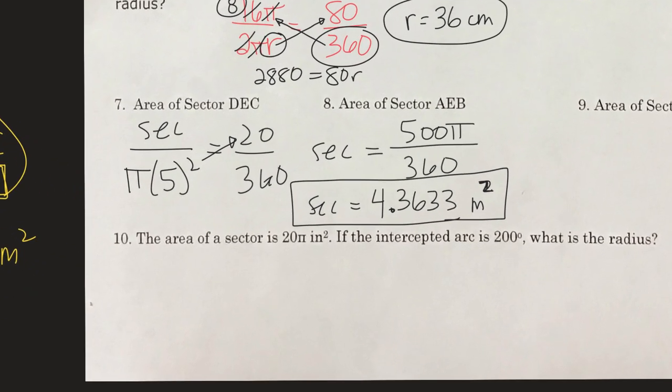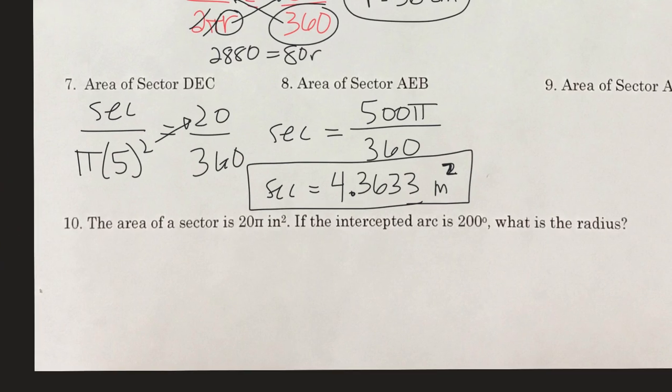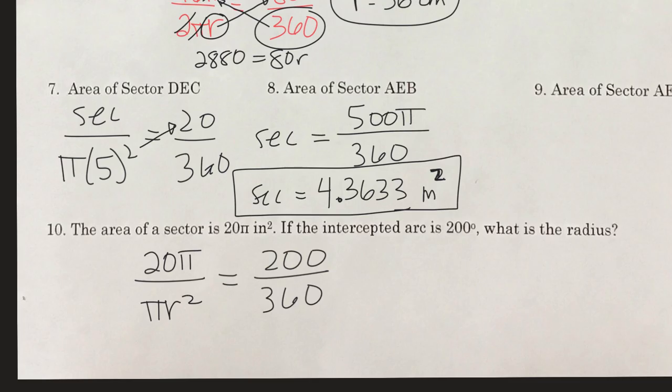Whatever. So number 10 is once again an algebra problem. The area of our sector is 20 pi centimeters. If the arc is 200, what is the radius? So we know the area of the sector, so that's 20 pi. The pi's can cancel out.